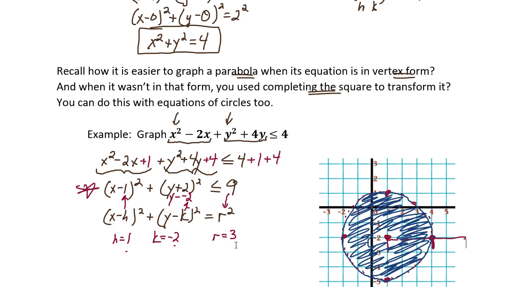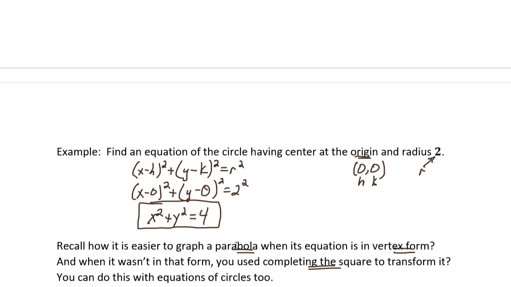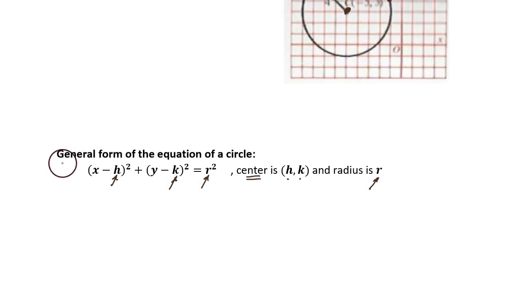Let's summarize this lesson. We discussed circles, and we saw the general formula for a circle, which is right here on the screen. You're going to use this just like you use the general formula for a linear equation or the general formula for a parabola. The h, the k, and the r will be actual numbers.